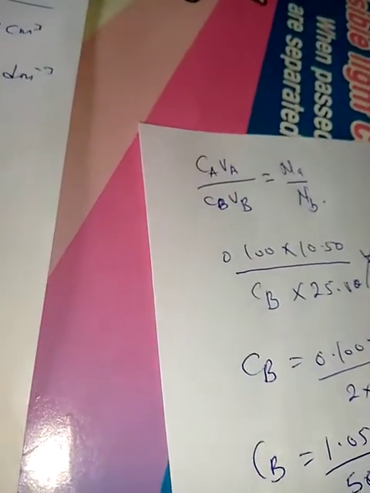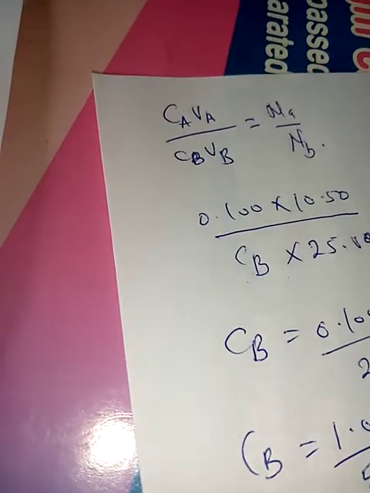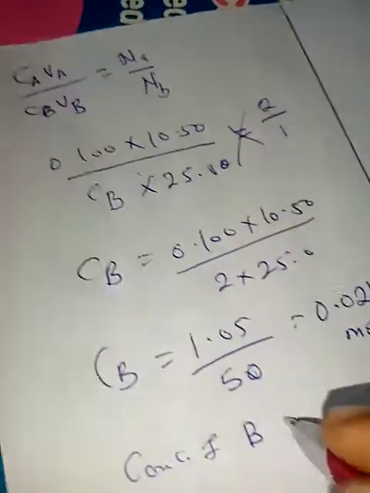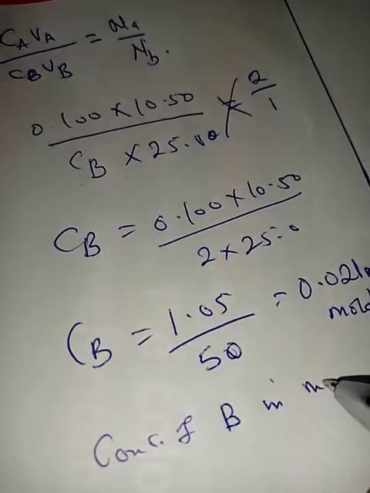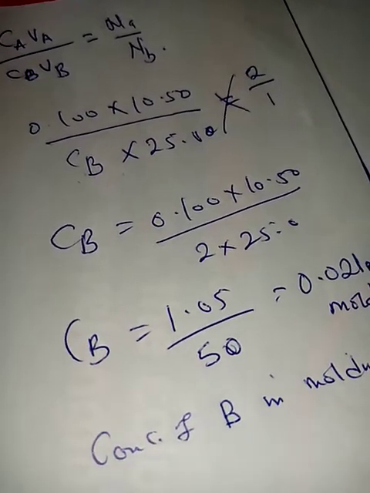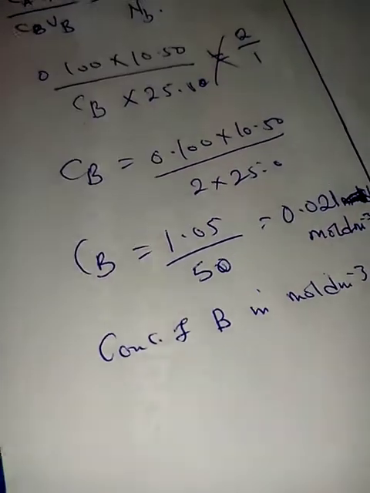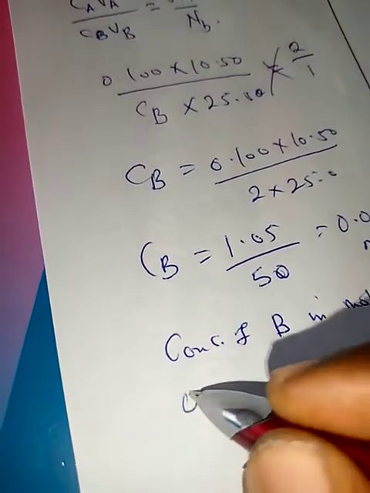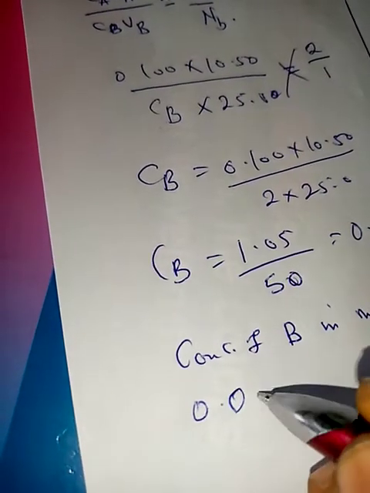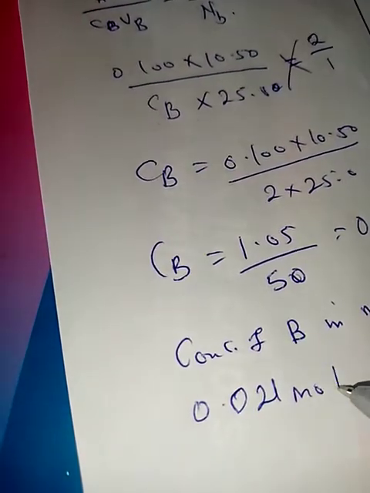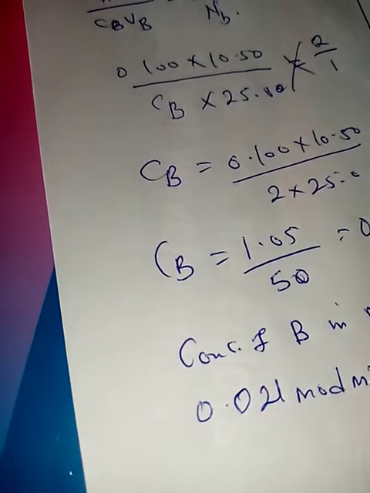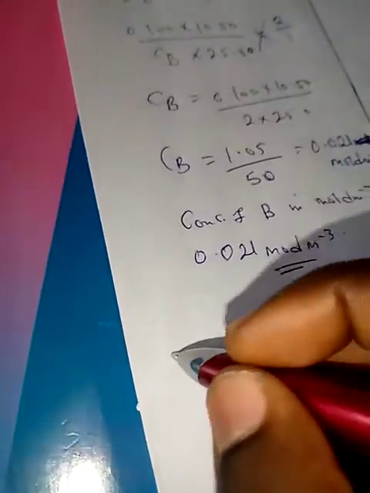So it means that the concentration of B in mole per dm cube is equal to 0.021 mole per dm cube. That's 1.